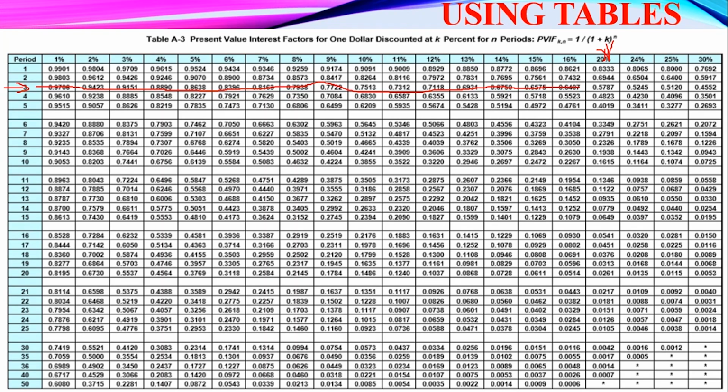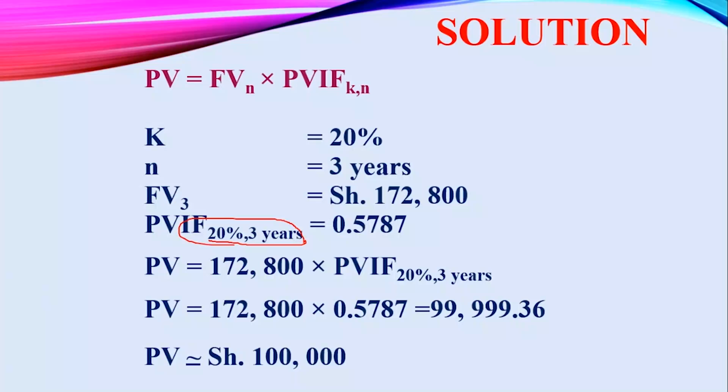I move along that line, then downwards, up to that point. You find that my 2 points meet at a certain value here, and the value is 0.5787, and that is my present value interest factor, where K is 20% and N is 3 years. It is that simple. So this is the value that I need, 0.5787.